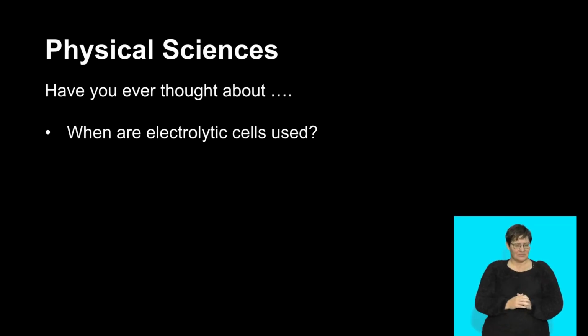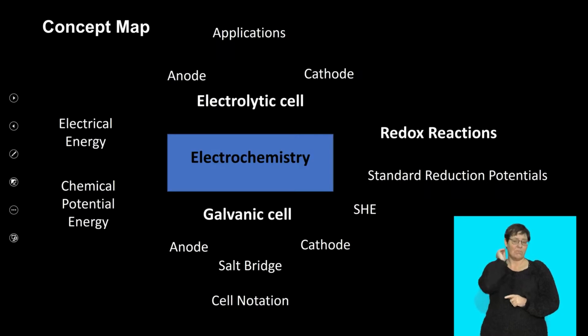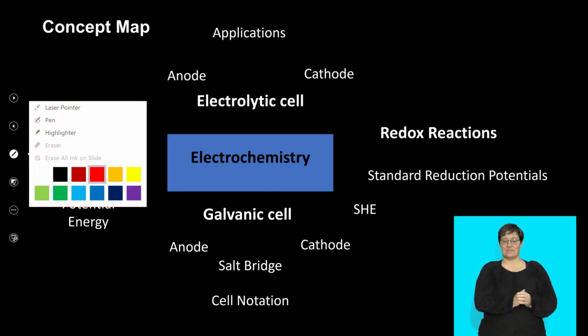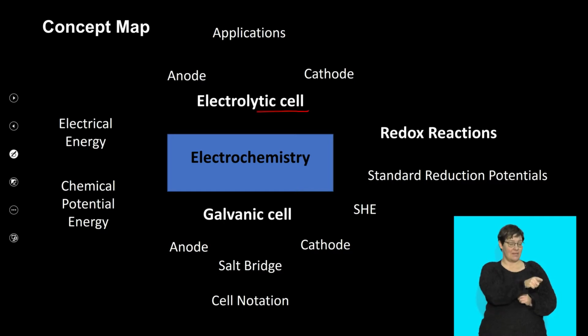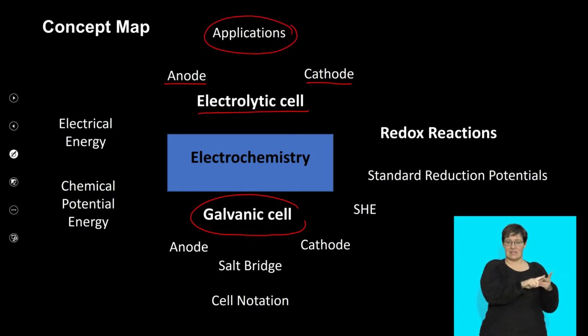Well, let's move on and look at our concept map so we can remind ourselves of the key features. So when we look at electrolytic cells, remember that they, just like the galvanic cell, have an anode and a cathode. And as I've said, we're going to be looking at the applications of that.